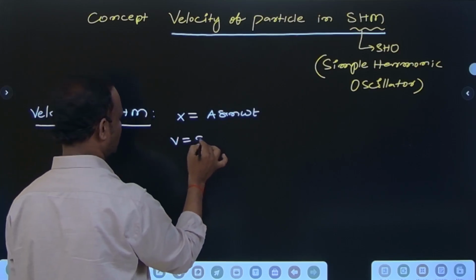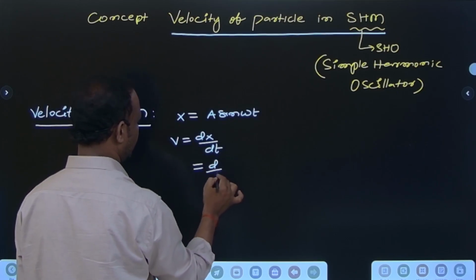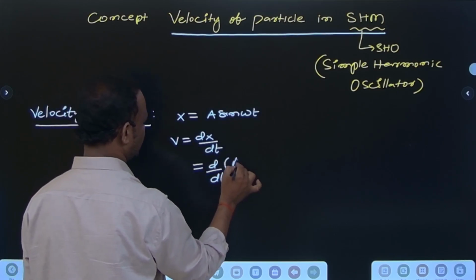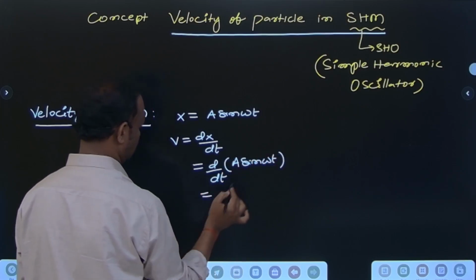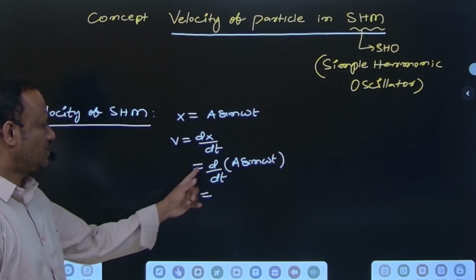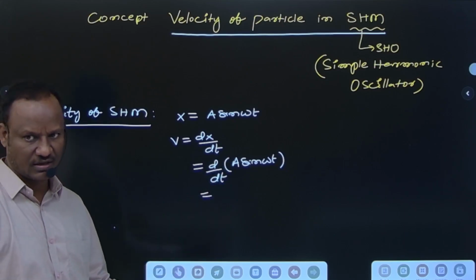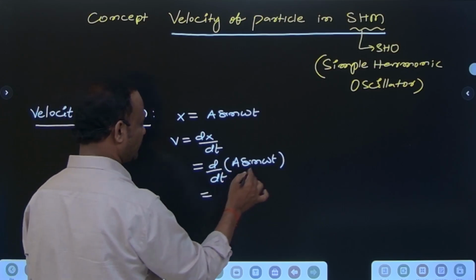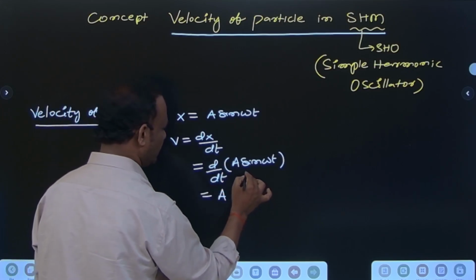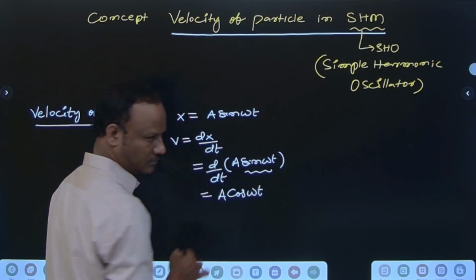V is equal to dx by dt. d by dt of x means d by dt of A sine omega t. Differentiation of sine theta is cos theta, differentiation of cos theta is minus sine theta. So d by dt of sine, it's A, d by dt of sine omega t, cos omega t.